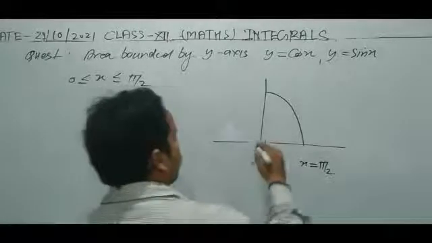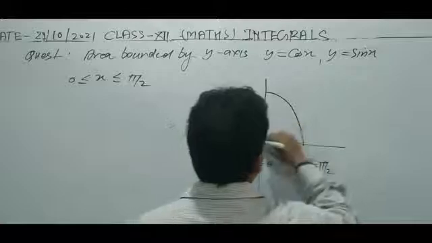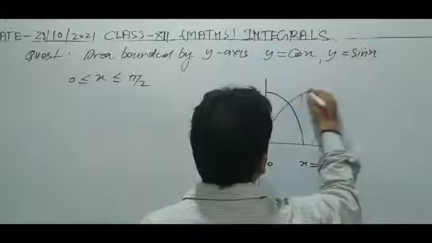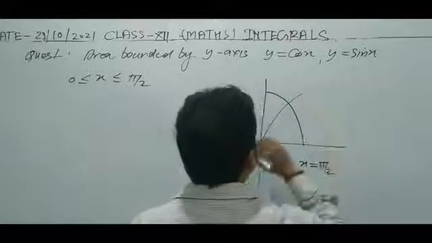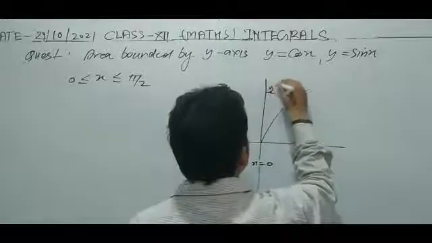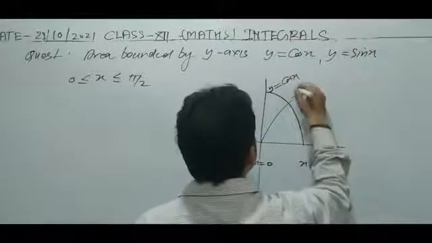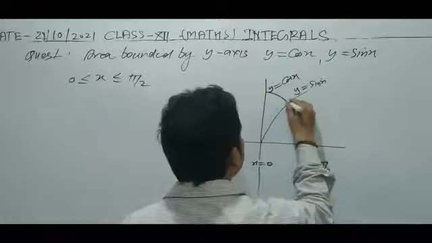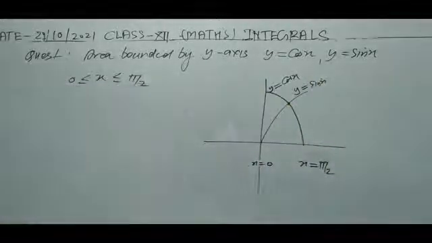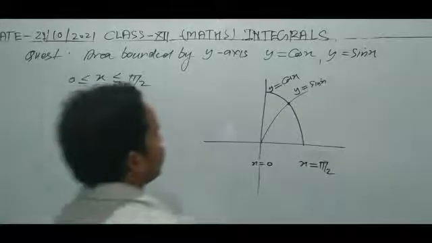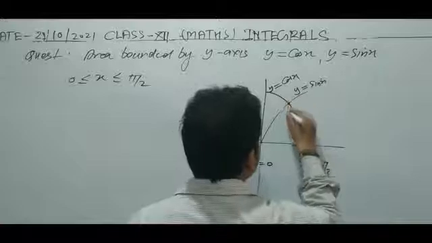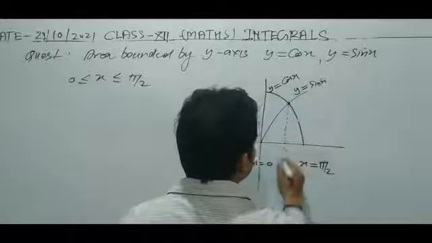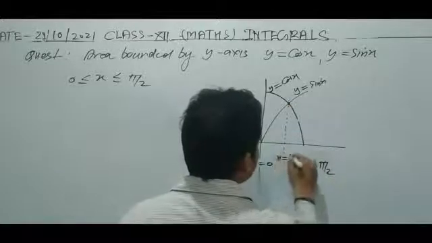Now from x is equal to 0 to pi by 2 of sin x, this is y is equal to cos x and y is equal to sin x. Now this is the point where sin x and cos x are equal, that is pi by 4. This is x is equal to pi by 4.